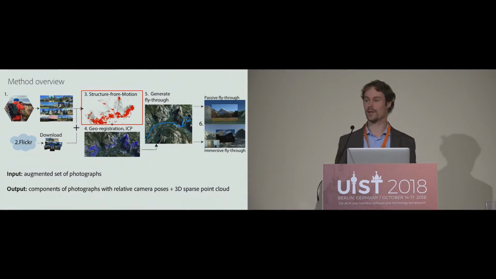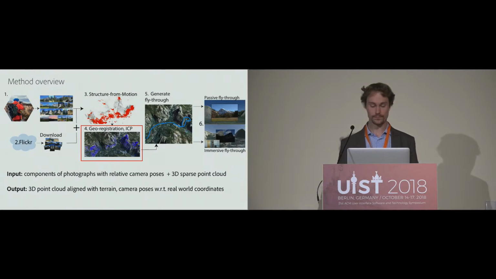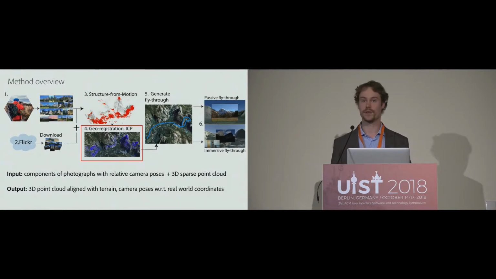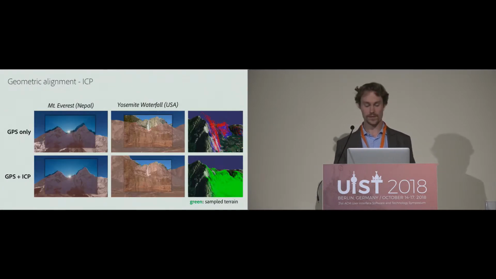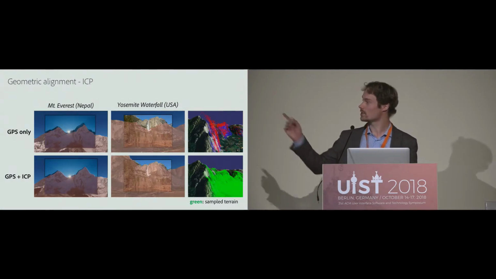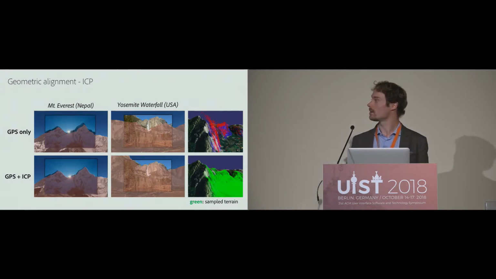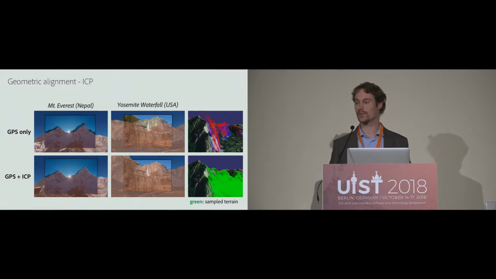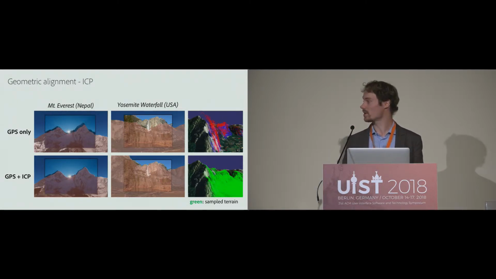We now have a relative reconstruction, and we need to align it with the world reference frame. So we use the GPS coming from Flickr images, and also possibly from the images of the user, to align the whole 3D scene with the terrain model. First using the GPS only, which you can see on the first line, but this initial geo-registration is not perfect, and we need to improve it by geometric alignment of the 3D point cloud to the terrain.